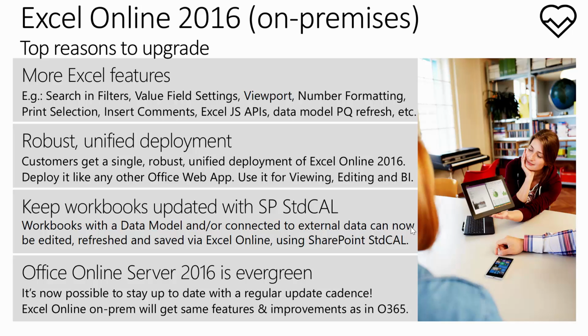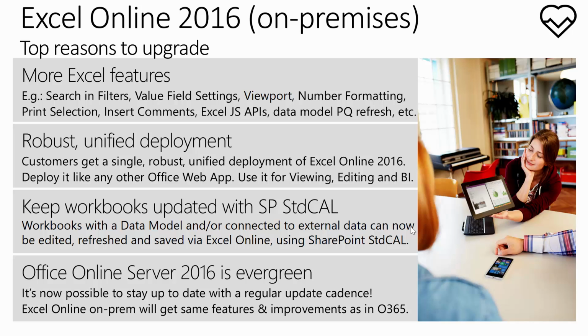A viewport is now saved, so whenever a user comes back to a workbook in Excel Web, they would come back to the same position in the workbook. Number formatting got introduced, so you can actually customize the way you see numbers, similarly to how you do it in Excel Desktop. Print selection is there.